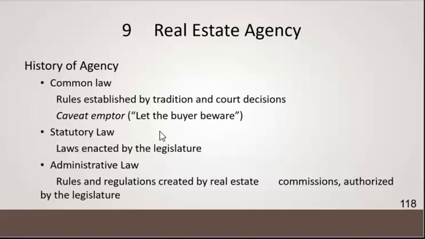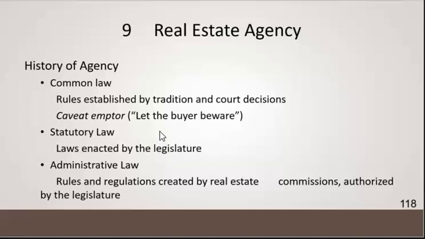Agency, or the history of agency. First of all, there's three types of laws that we want to talk about. There's common law. Common law is born out of decisions and judgments, traditions, and can often change, right? Like a small claims court judge says, hey, that's blue. No, that's blue. All right?